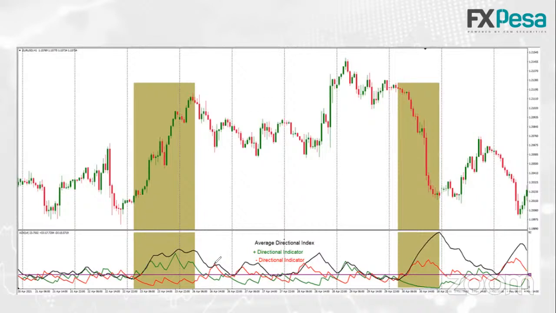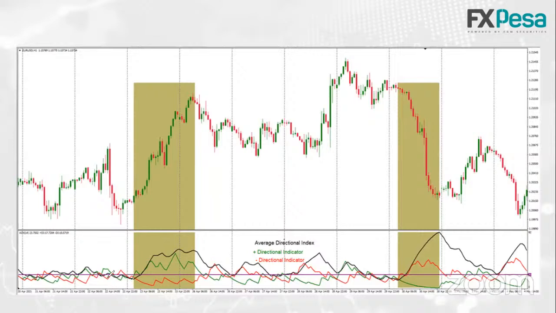you'll basically check the other 2 lines, the green line and the red line. The green line in this case is positive DMI. If positive DMI had intersected above negative DMI and those 2 lines are fanning out, that would denote that the direction is to the upside.